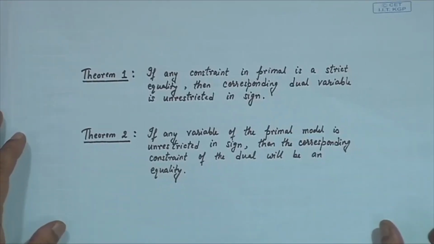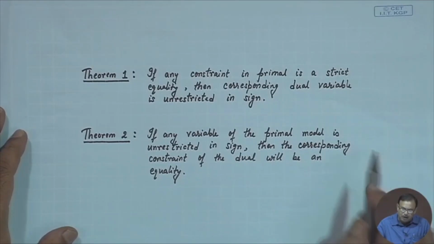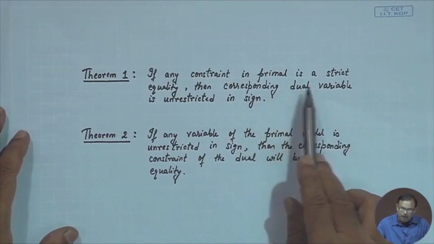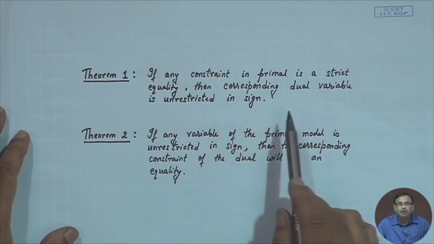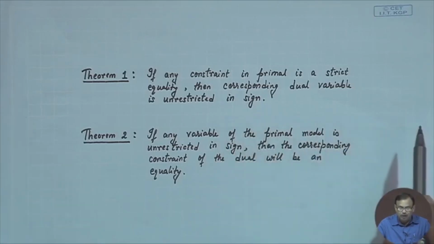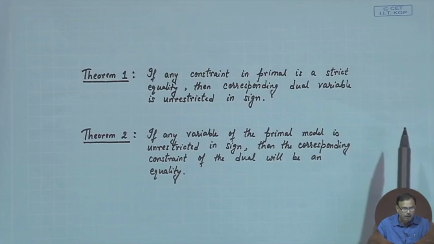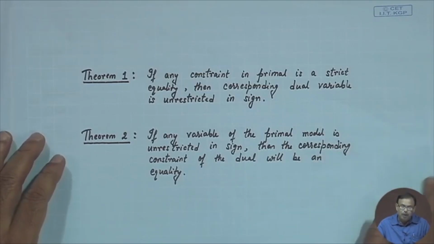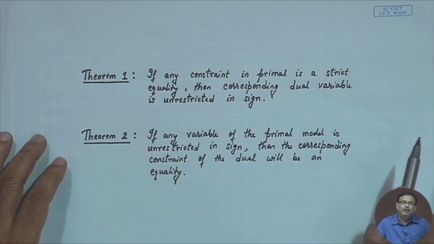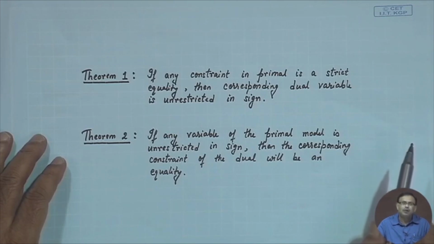Now, see two theorems over here. If any constraint in the primal is a strict equality, please note this, then the corresponding dual variable is unrestricted in sign.